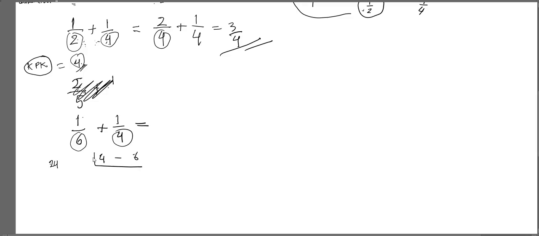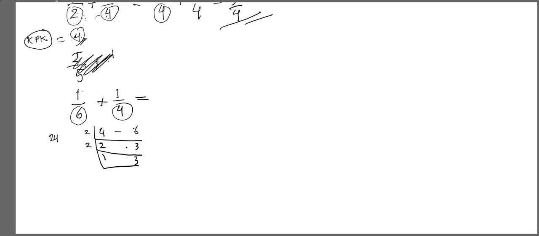divided by the least prime number that can divide those, maybe 2. 4 divided by 2 equals 2, 6 divided by 2 equals 3, and then you divide again until they become 1. So 3 cannot be divided by 2, so it stays 3. And now we jump to the next prime number greater than 2, and it's 3.